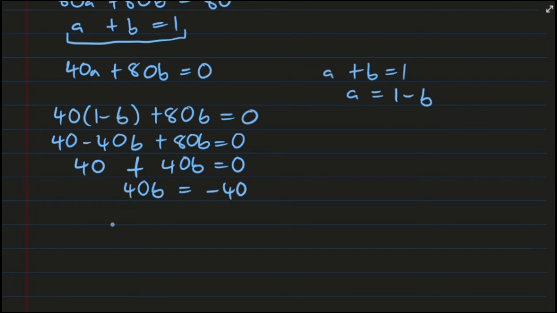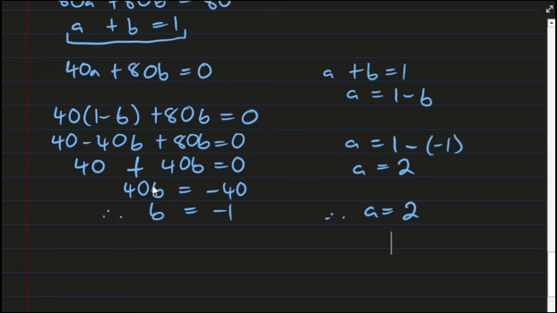Divide both sides by 40, you get b is equal to negative 1. And let's evaluate a. a is equal to 1 minus negative 1, so a is equal to 2. So therefore b is negative 1 and a is 2, and that will be our final answer.